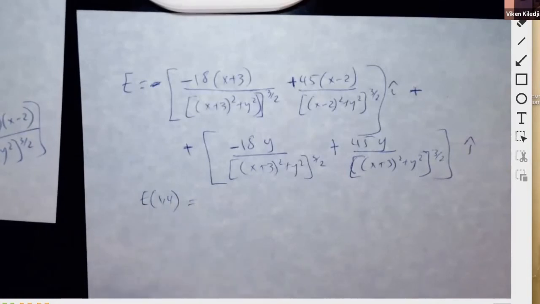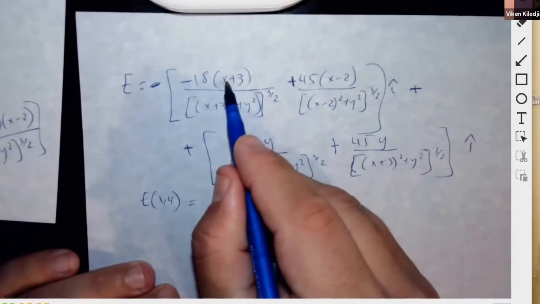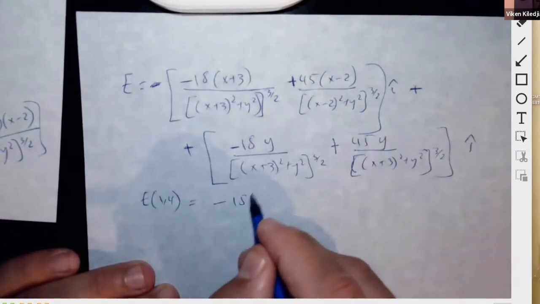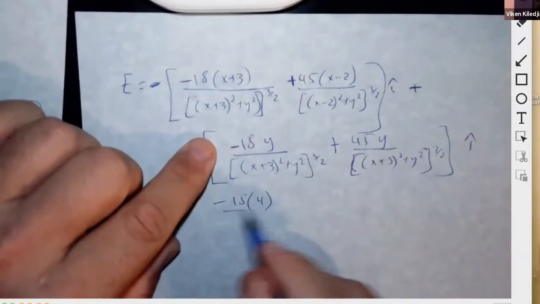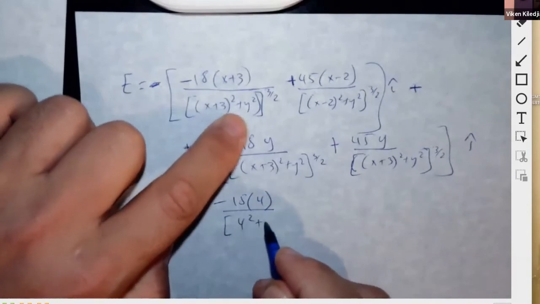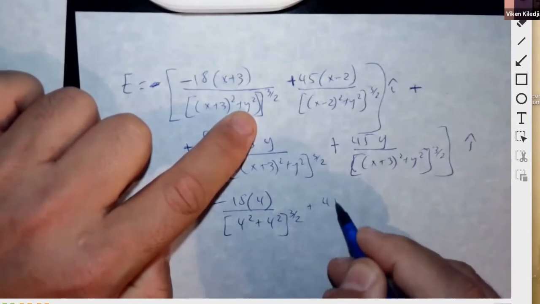So I would put 1 here, and then 4 for that. So negative 18, 1 plus 3, and then here I would put 1 plus 3 squared plus 4 squared to the 3 halves, plus 45.